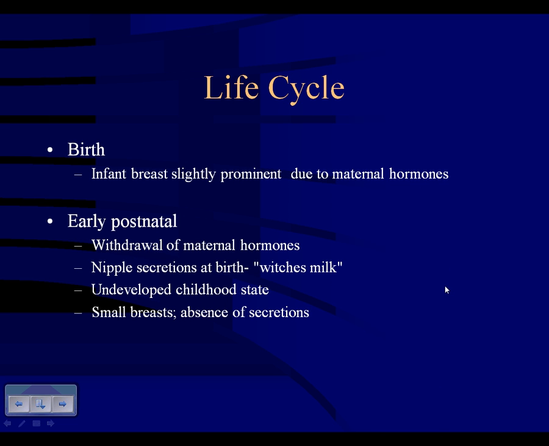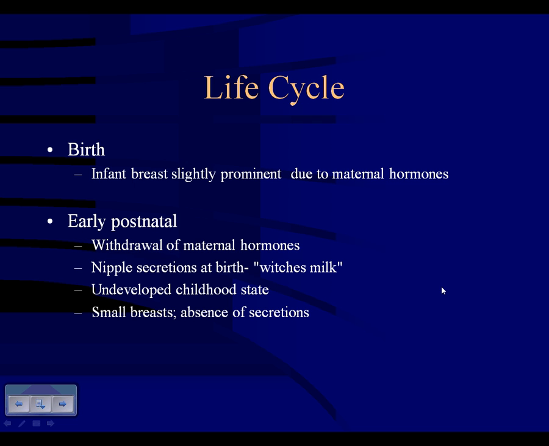All right, we already talked about this a bit, so it's just a little bit of a review. At birth, the infant breast actually is slightly prominent due to the maternal hormones. In fact, right after birth, upon the immediate withdrawal of the maternal hormones, the nipples from the baby often have a discharge, and that's normal.